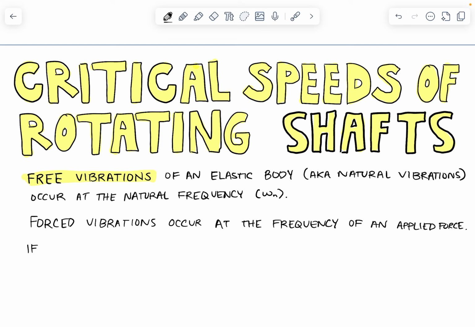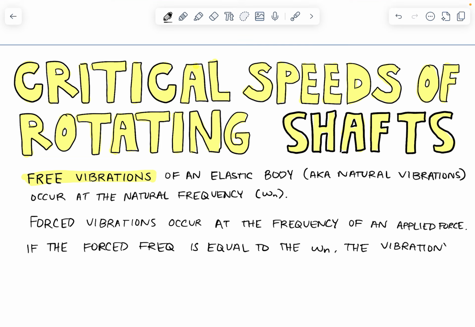Now, if the forced frequency is equal to the natural frequency, the vibration amplitude increases manyfold.